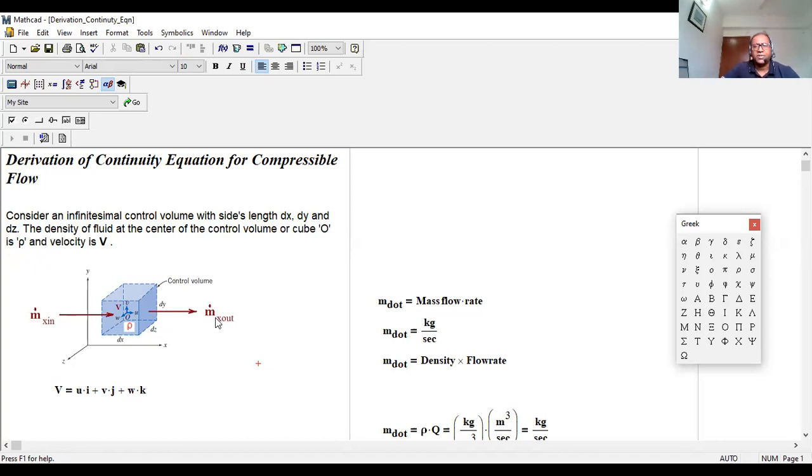What will be the mass deposited inside the control volume? You can say m in minus m out, right?